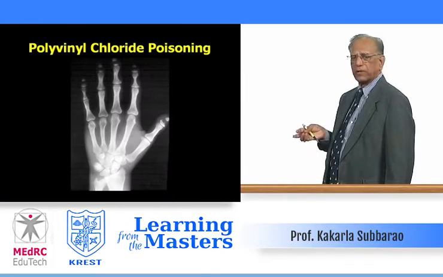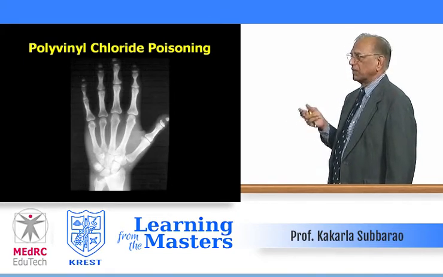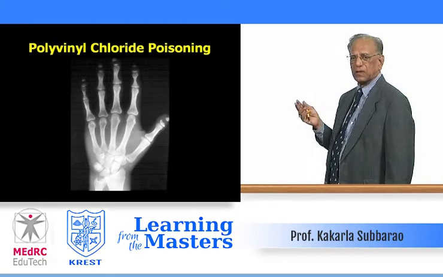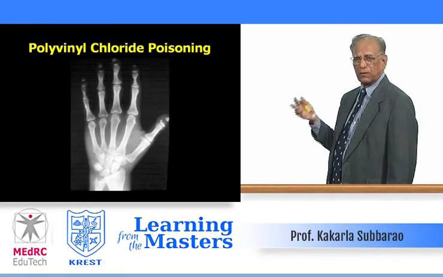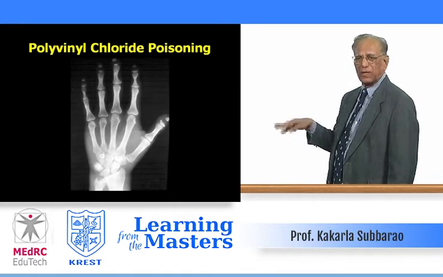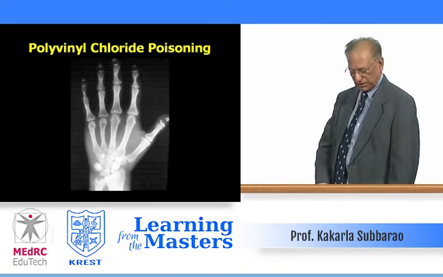Another entity where you can get acro-osteolysis, namely tapering or disappearance of the distal phalanges, is polyvinyl chloride poisoning, which occurs in radiographers or darkroom workers in the X-ray department where they polish the polyvinyl tanks with their hands and they may get this poisoning and acro-osteolysis.